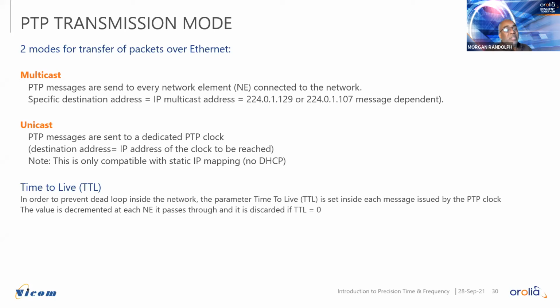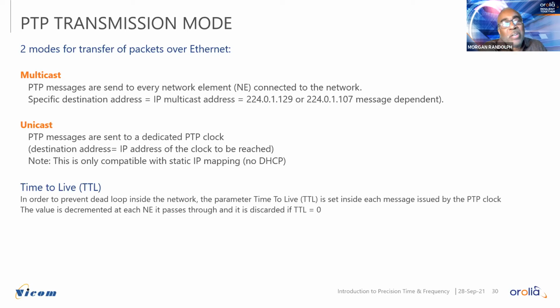And if you're doing unicast, you'll want to have your masters with a static IP address, because you don't want them changing with DHCP. And the time to live, in order to prevent dead loops within the network, they provide a time to live in the packet.